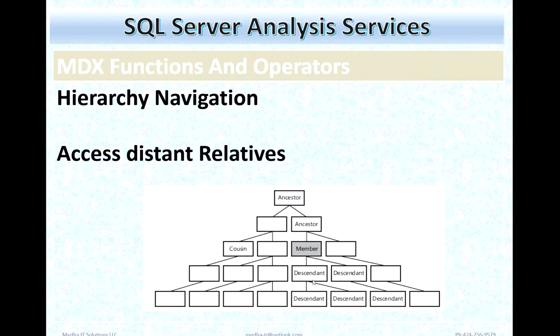For example, let us say my current member is this one, and I want to skip 2 levels. That means I want to know the parent's parent. If you have such a requirement, we can use the distant relative functions.